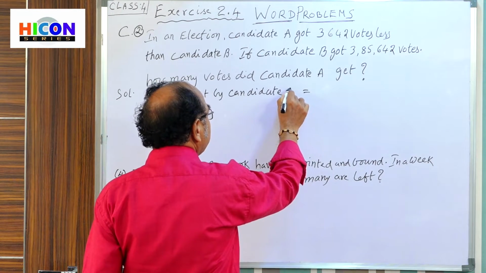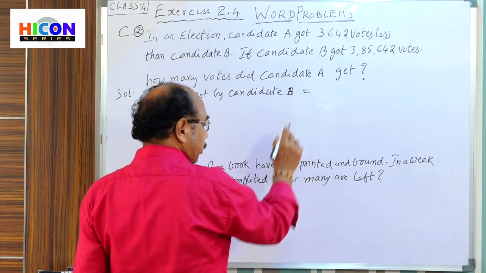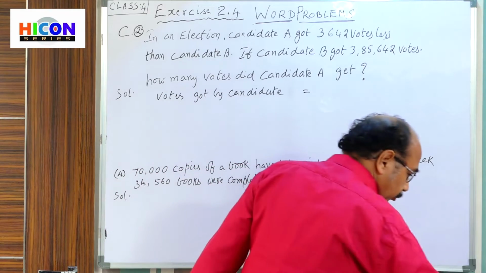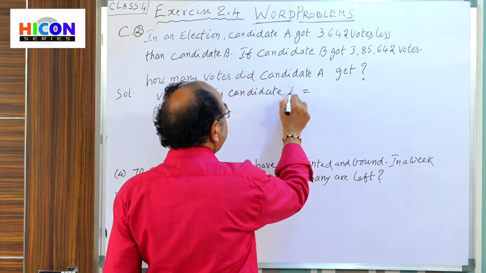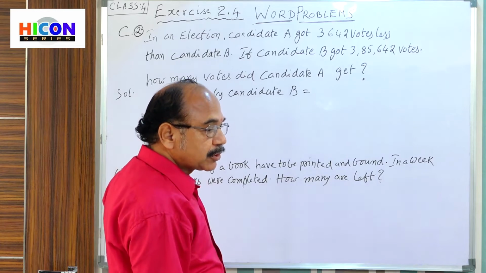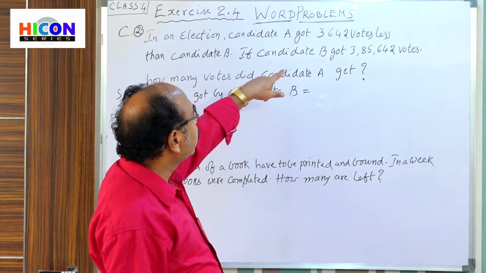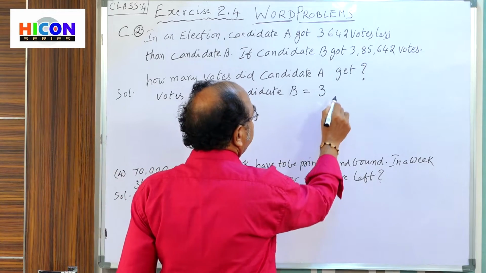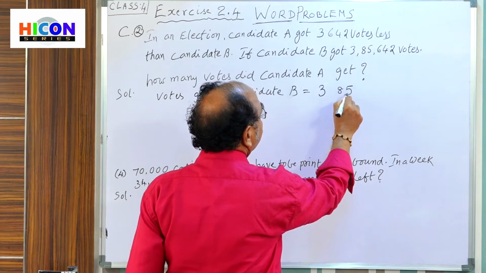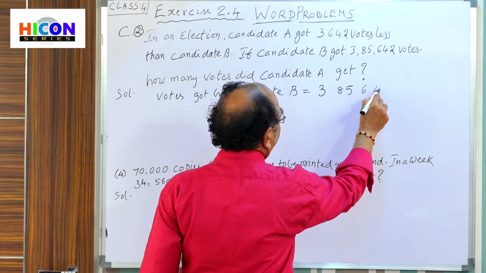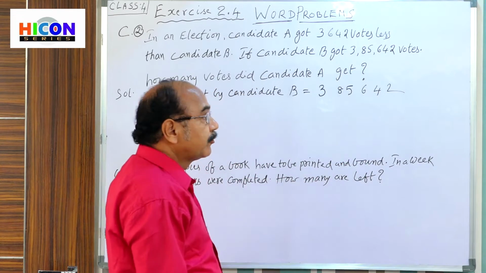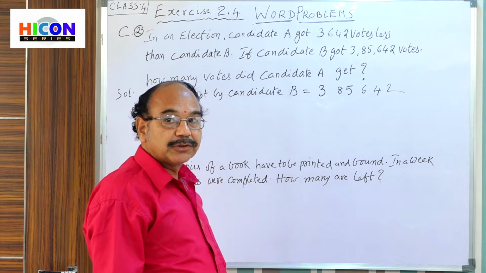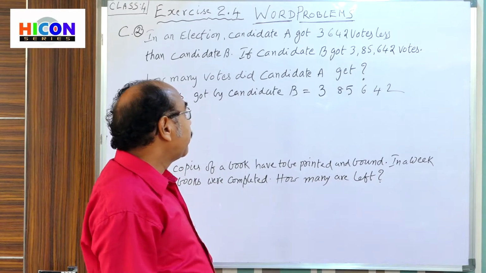First of all, we mention B. Okay, children, votes got by candidate B, 3,85,642.